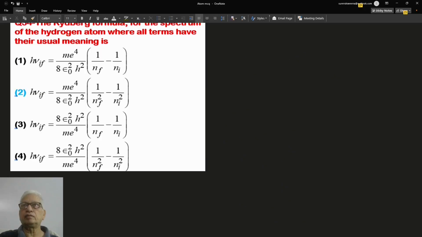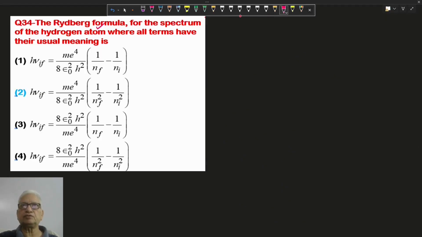In this question, the Rydberg formula for the spectrum of hydrogen atom, where all the terms have the usual meaning. Here we know Bohr's hypothesis: first, attraction force is equal to centrifugal force. So 1 upon 4 pi epsilon naught e square upon R square equals m v square upon R. One R cancels out.